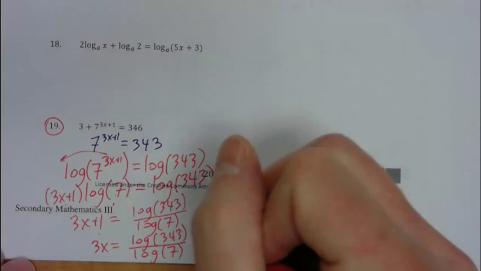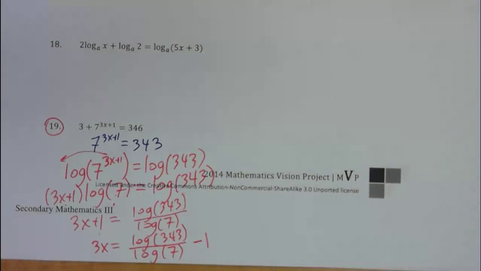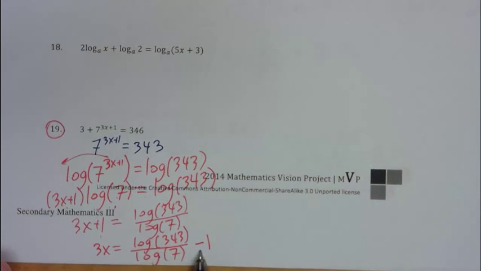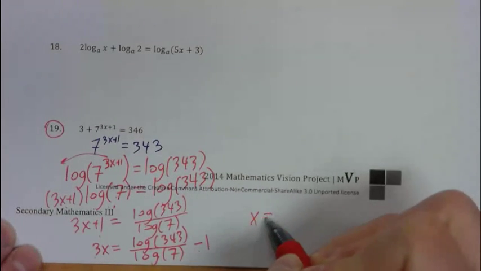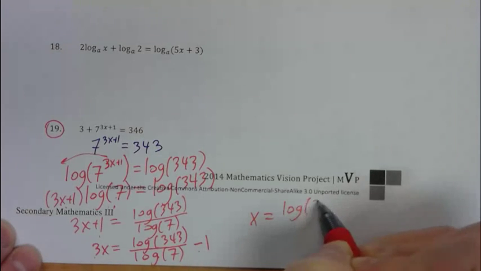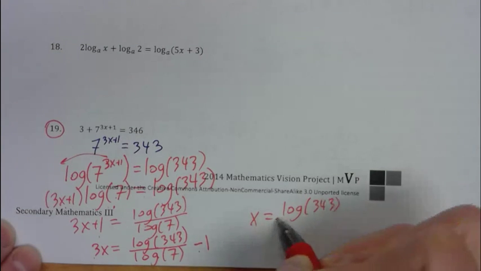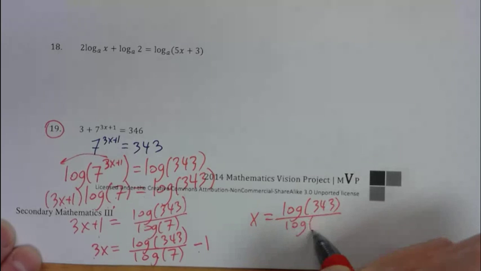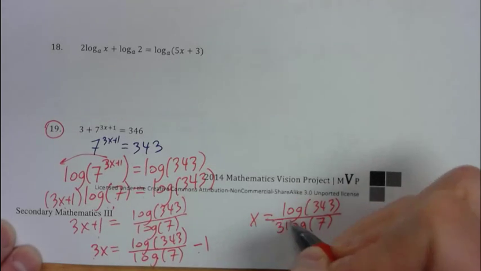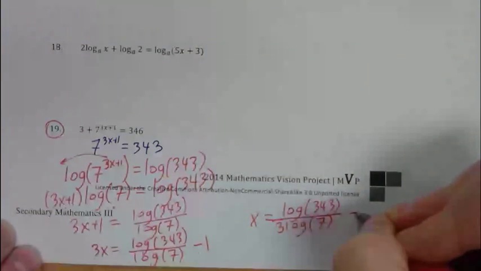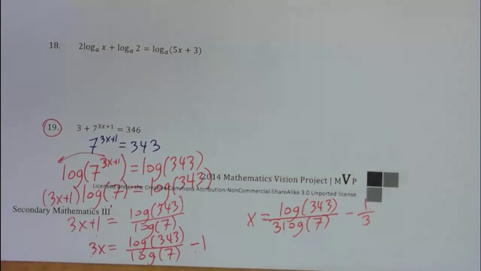And then I just have a minus 1 on the end. And now I'm just going to divide this fraction and this 1 by that 3 right there, which would give me that x is the log of 343 divided by the log of 7. And then I would have a little 3 on the bottom of that fraction. And then I would have a minus 1 over 3.